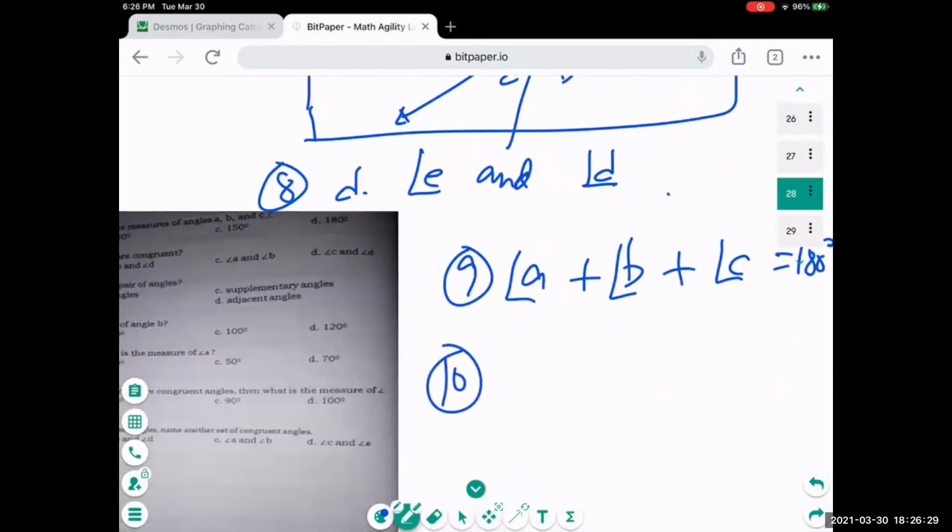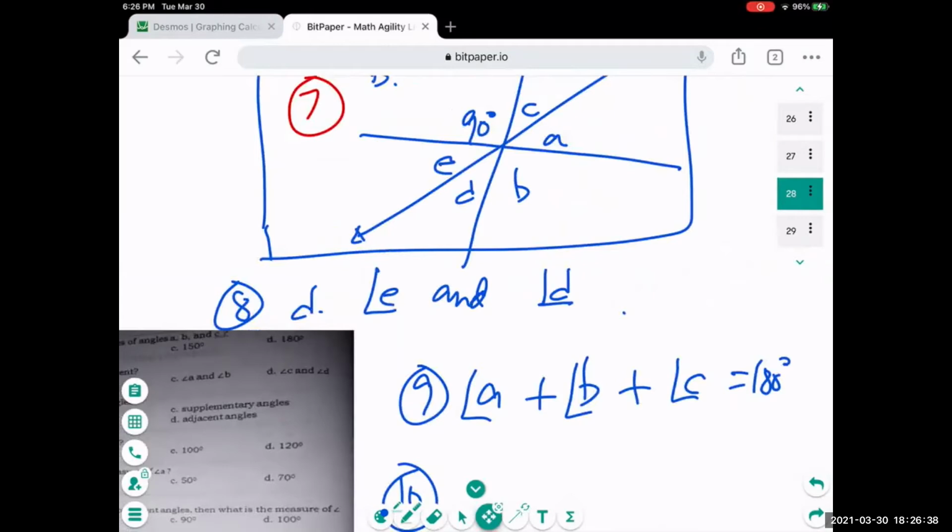Which set of angles are congruent? Congruent means they have the same measure of angles. So we can say D and C, right? And A and B is not. B and D is not. Only C and D, right?